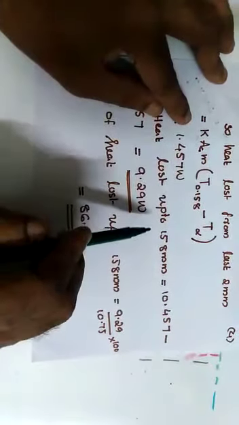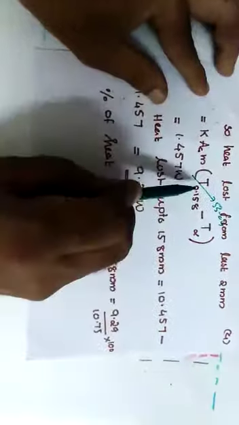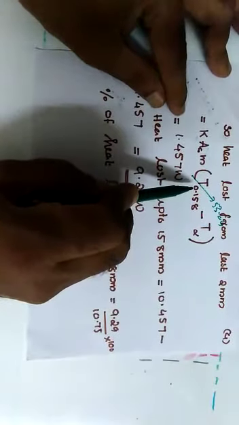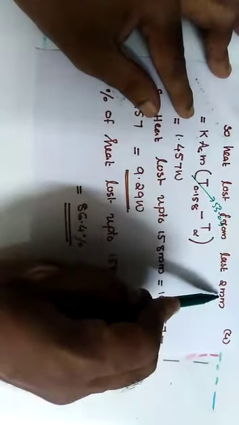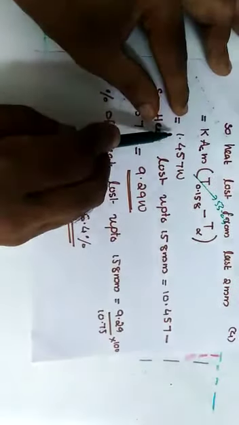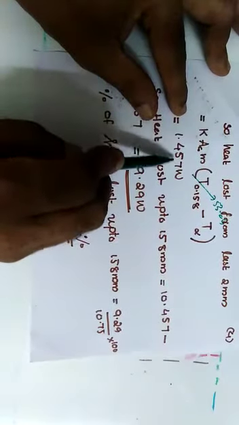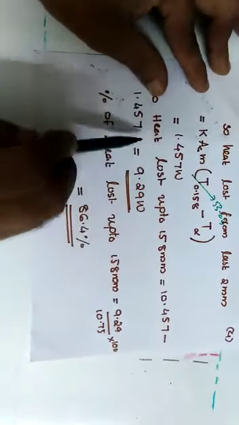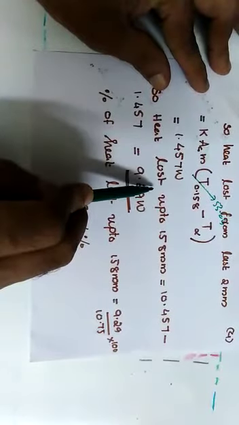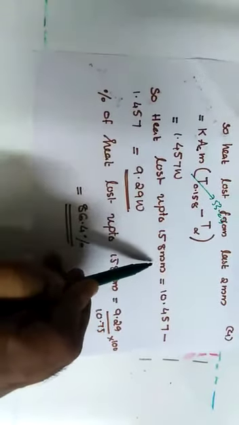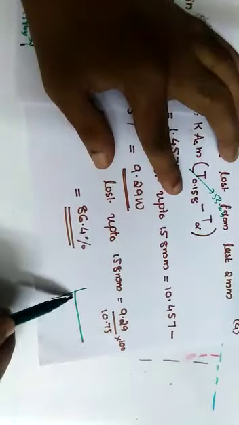So that is 53.04 degrees Celsius. So if you know this value, you can calculate heat transfer rate from the last 2 mm, which is equal to 1.457 watt.